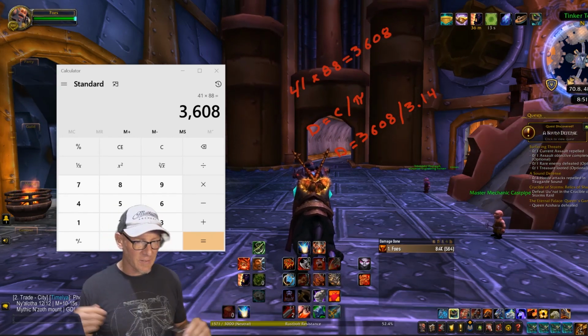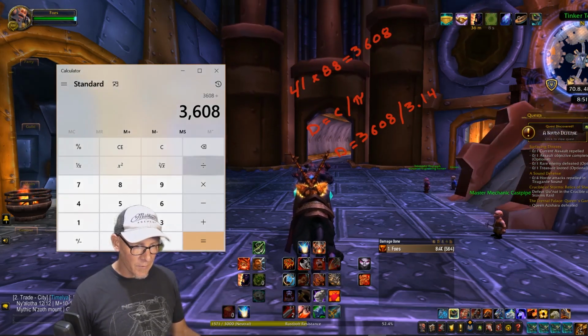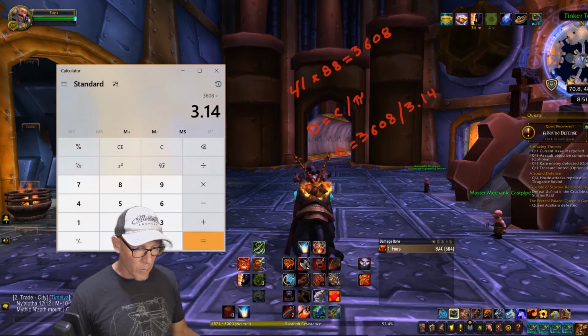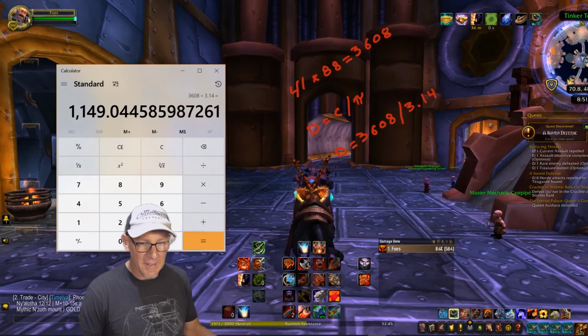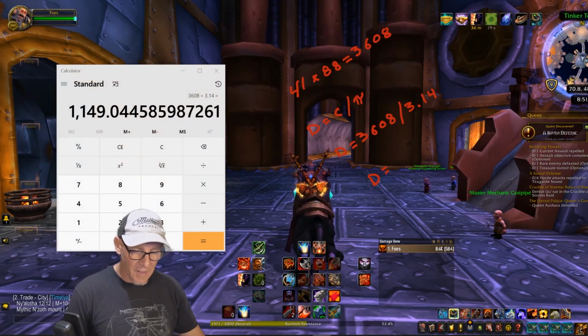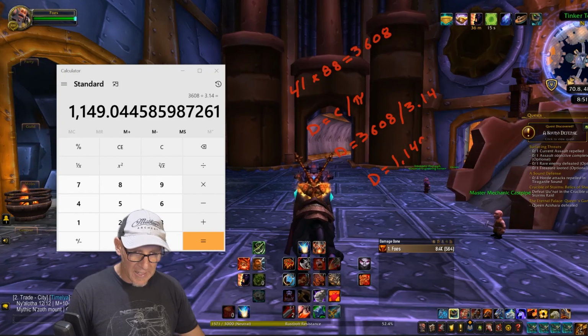Let's try that. Divided by 3.14. Ooh, big boy. So that gives us a diameter of 1,149.